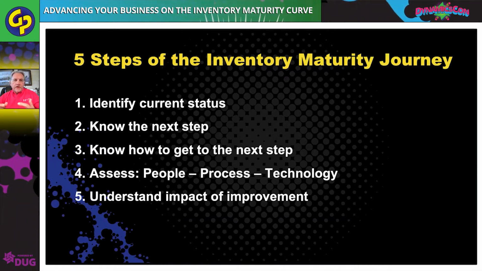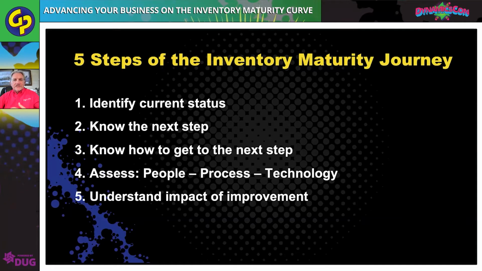So once you identify where you're at, then you know where you're headed, right? So the next step then is to know what that next step is. If I know where I'm at now, where do I need to get to next? And then important to that is the third step, which is how do I get there, right? What do I need to do to make that transition, to continue that journey into that next step where I want to get to?